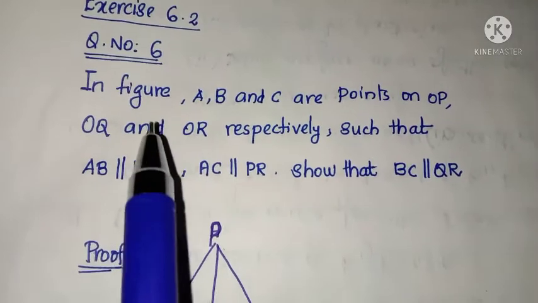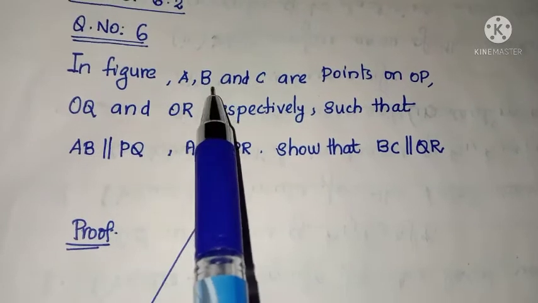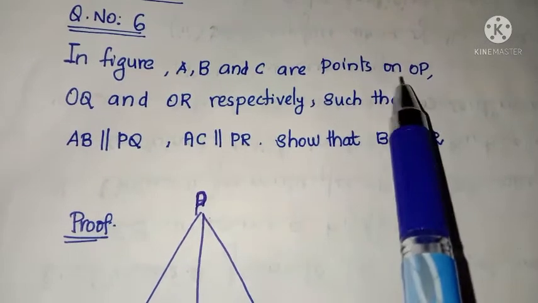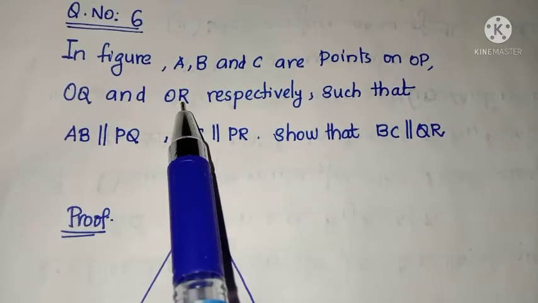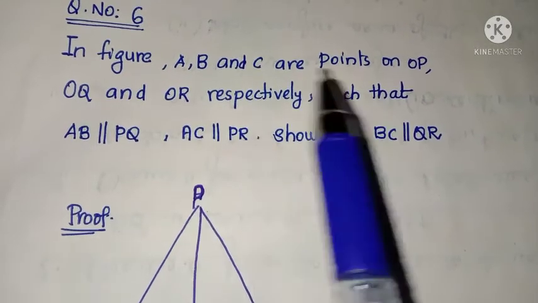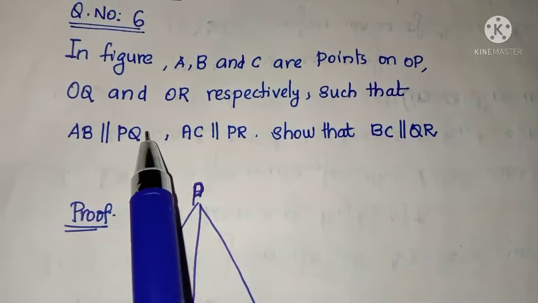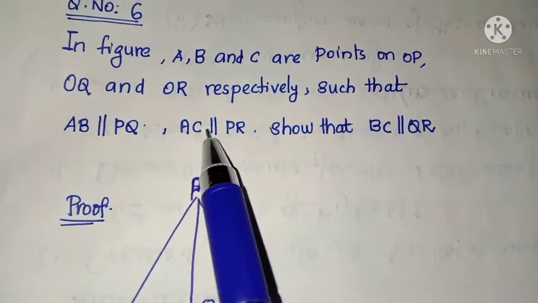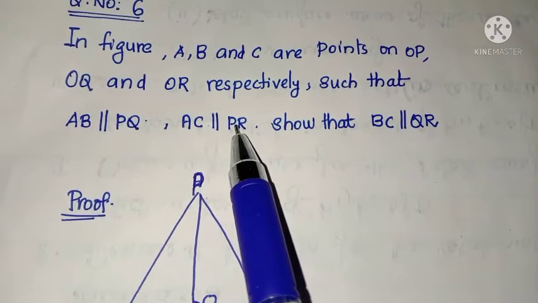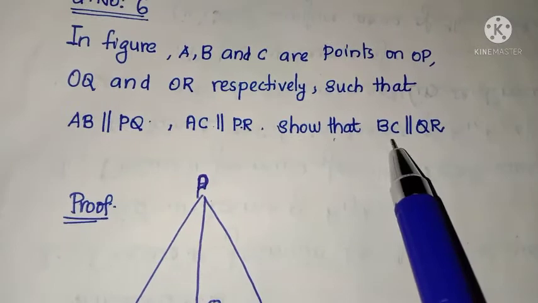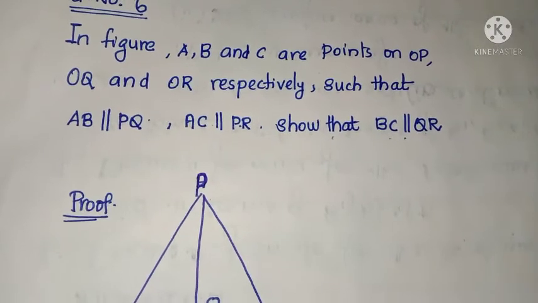Question number 6. In the figure, A, B, C are points on OP, OQ and OR respectively such that AB is parallel to PQ and AC is parallel to PR. Show that BC is parallel to QR.